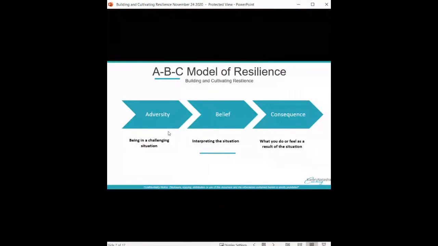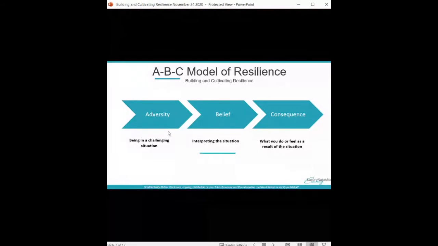So going back to the screen where you've got the ABCs, what would be the ABCs of that scenario? The A for adversity would be that he didn't get invited to the event to which his coworker was invited, but his belief is, I'm such a loser, nobody likes me. That's his belief. And the consequence is he feels sad, even depressed, has no motivation to go jogging, and eats a whole box of chocolates despite his focus on living a healthier lifestyle.